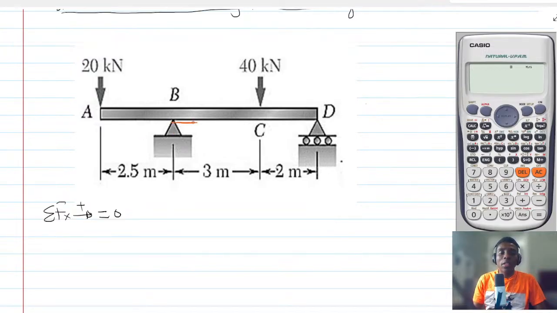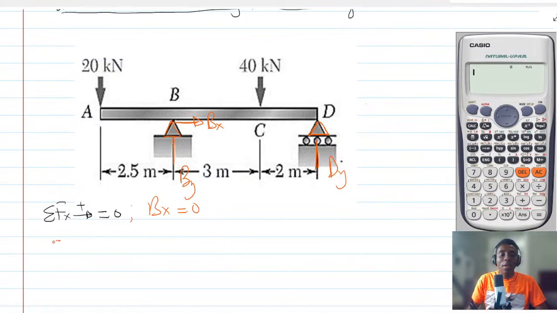There is one reaction along the x, and another reaction in the y direction. Now D is a roller, so there is only one reaction, Dy. Summation of forces, Bx will be 0 because there is no force along the x.